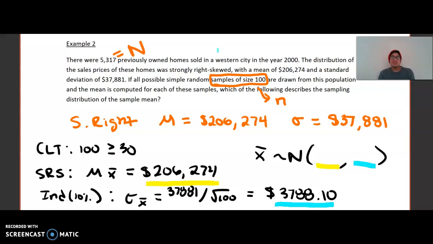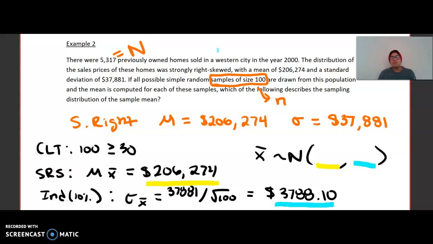And then lastly, since our sample size of 100 is definitely less than or equal to 10% of 5,317, we can assume independence among our observations. So now we have the correct spread here. And when I find the sampling distribution standard deviation, it comes out to about $3,788.10.